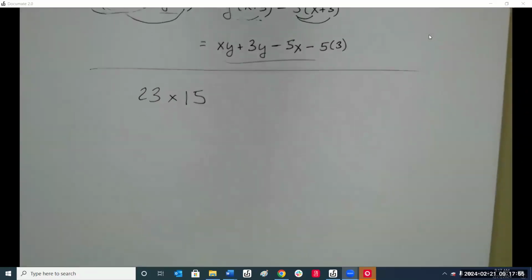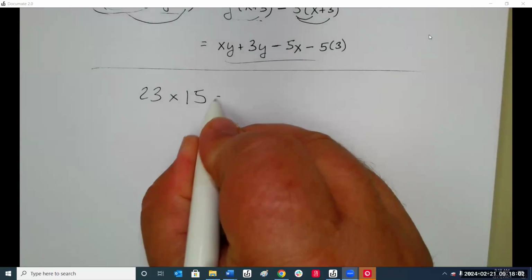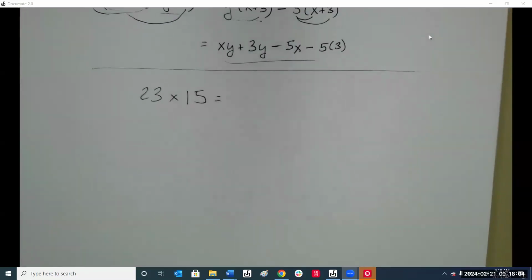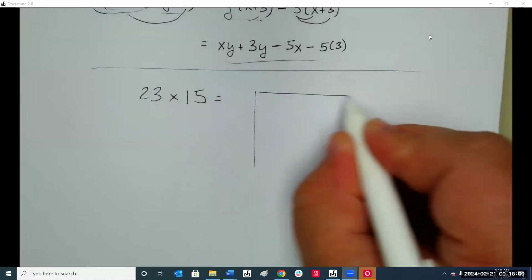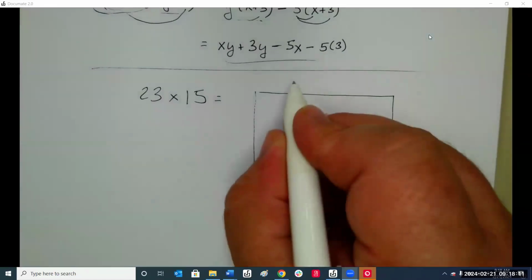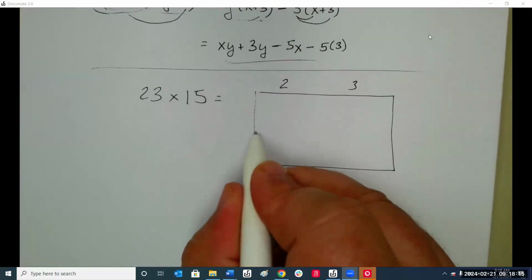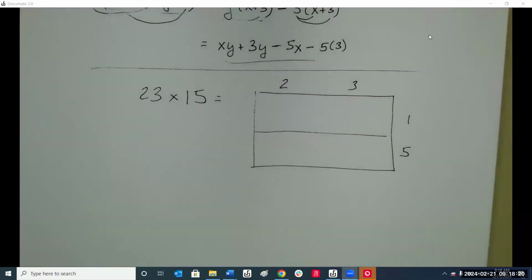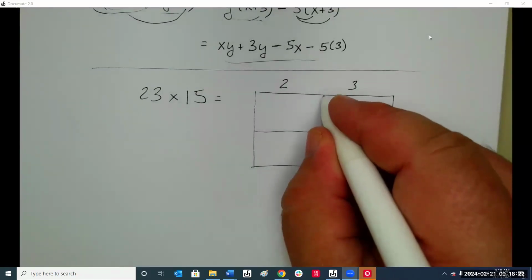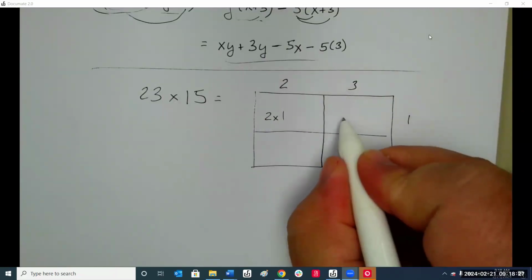Another way we can use the distributive property is by using blocks. So we have 2, 3, 1, and 5. So this is 2 times 1.